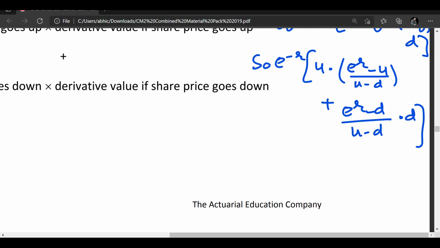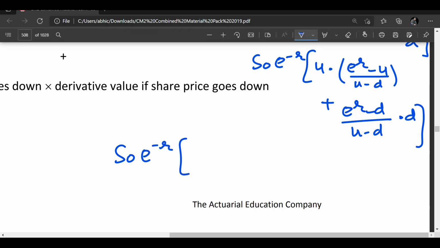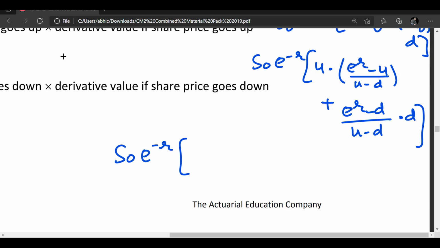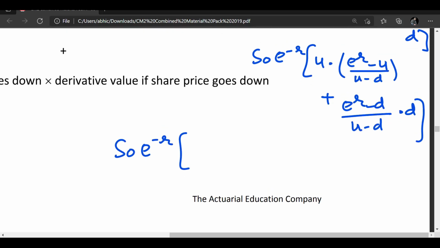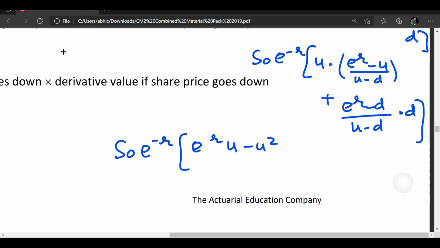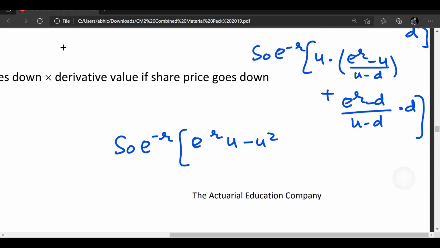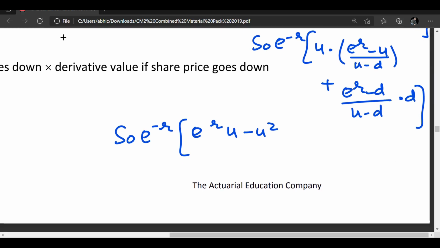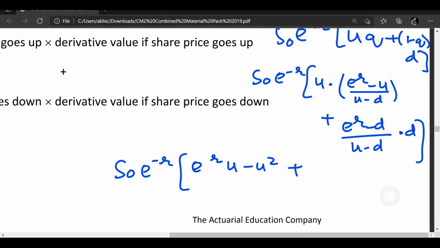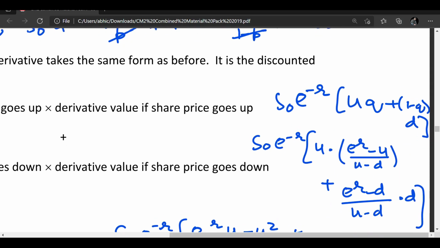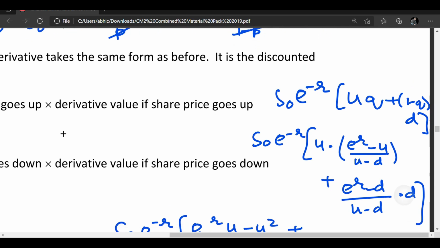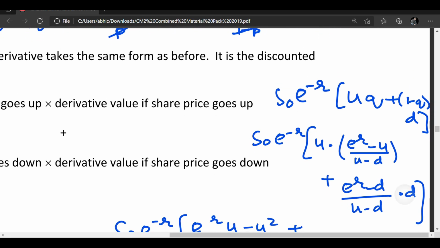So here what will happen is you'll get S0 e to the power of minus r, and then you have e to the power of r times u minus u square plus 1 minus q.